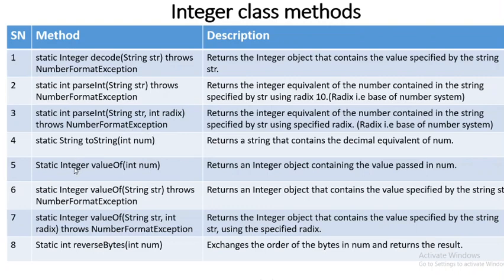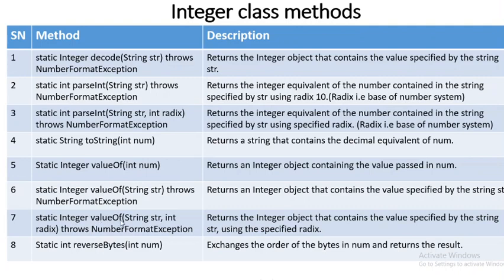This is a boxing method. Next, the return type is Integer, the method is valueOf with a parameter of type string, which throws NumberFormatException. It means this string str will get converted into an Integer object, and if it fails, it will generate a NumberFormatException.